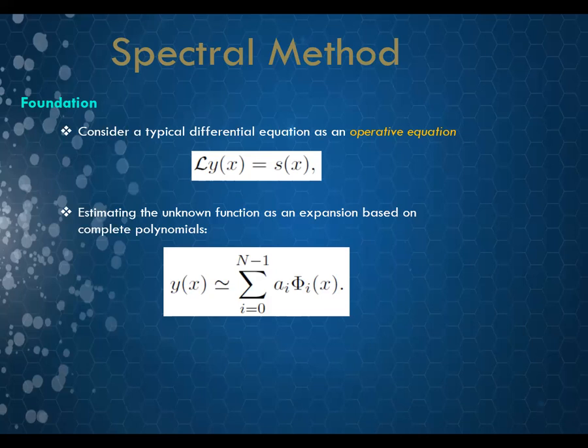We see the differential equation as an operator equation and consider an operation such as L acting on y, the unknown function, giving us the source as a function of x. X is the independent variable here.